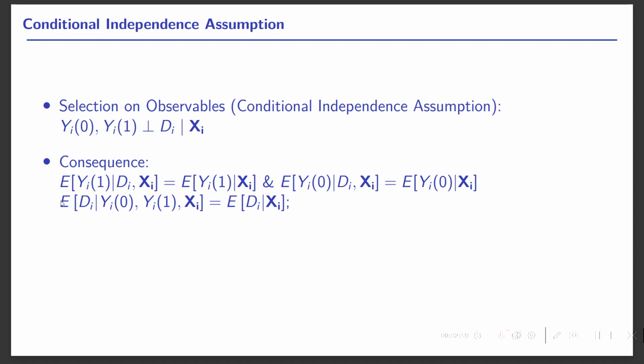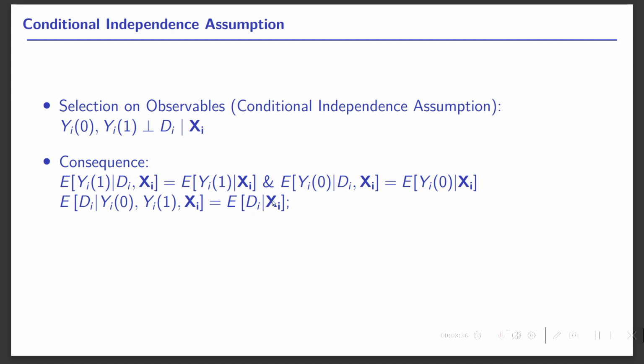Well, I would say of these two, this one describes it better, because the person knows their potential outcomes and they also know their covariates xi. But they don't know their treatment status. They're making up their mind about it right now. So in this sense, this is very close to modeling what the person is actually doing.